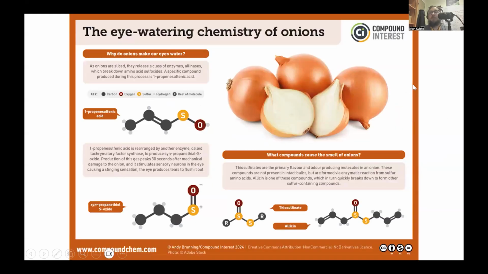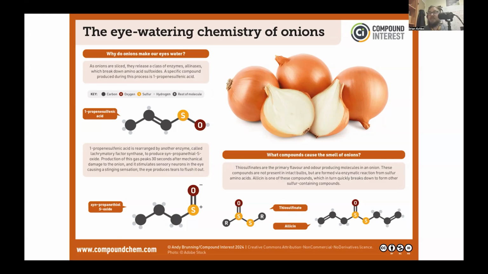Okay. So if you've tasted an onion, presumably you have, or if you've ever cooked with garlic, you know that onions can make your eyes water. So why is that? Essentially, the onion bulb is how onions reproduce themselves, and they want to defend that structure, and they do that by producing a form of tear gas.